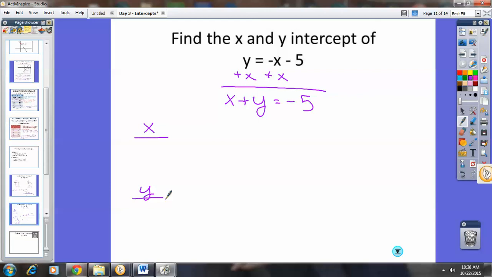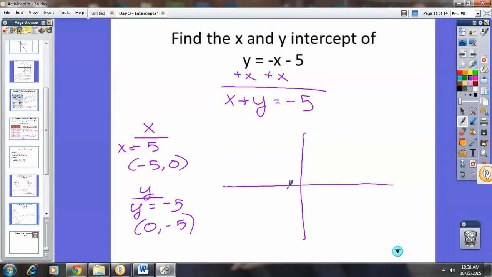So what's x? Negative 5. So (-5, 0). To find the y-intercept, cover up x. So y is also negative 5. We'll plot both of our points. I am kind of picky. I really want you to use your straight edge to draw your lines.